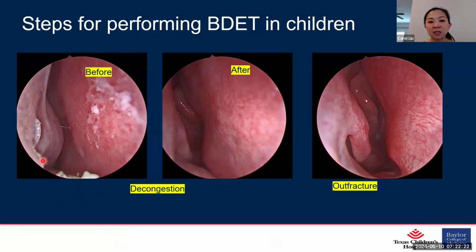You can see clearly the view and the space we get after the outfracture of the turbinate. You might also notice the septum is now shifted over to the opposite side. So at the end of the procedure, we do keep in mind to push the septum back to the medial position.